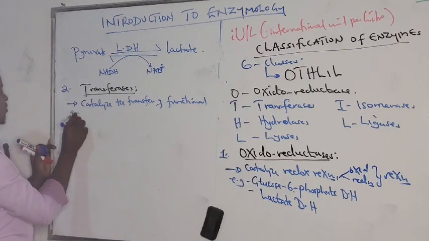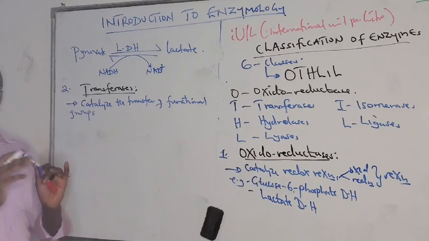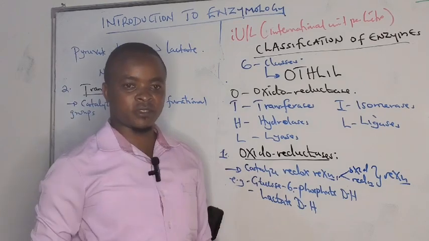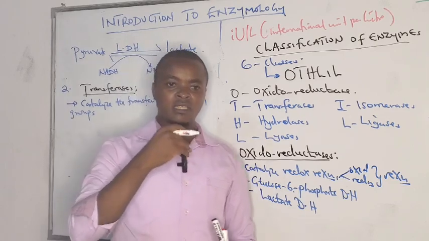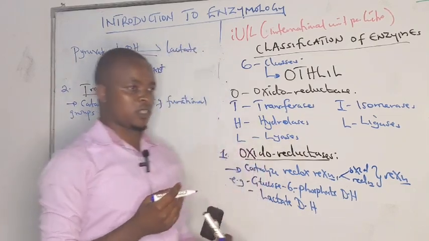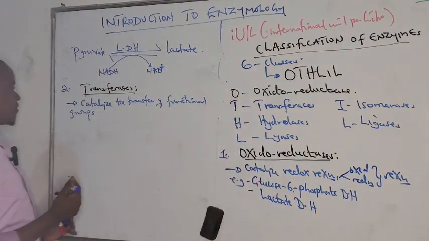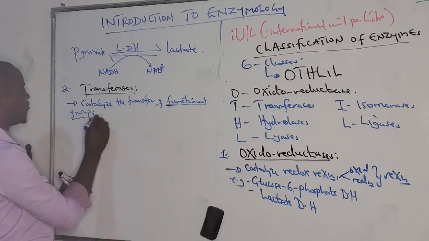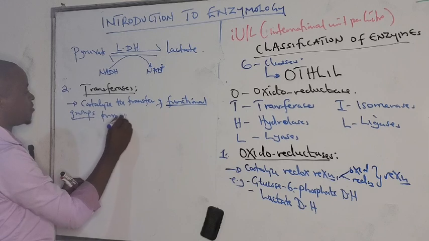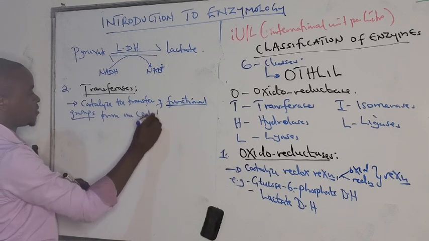What are functional groups? We have carbonyl groups, ketone groups, carboxylic groups, and amine groups. Those are transported by these transferases, which transfer these functional groups from one compound to another.